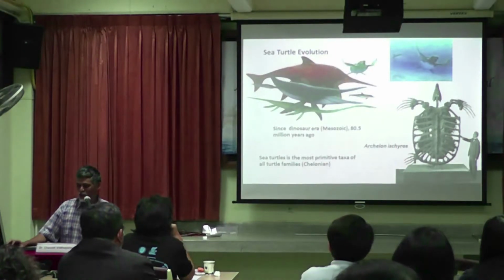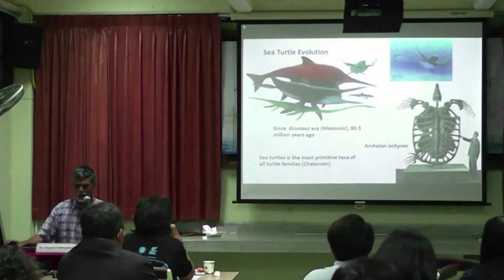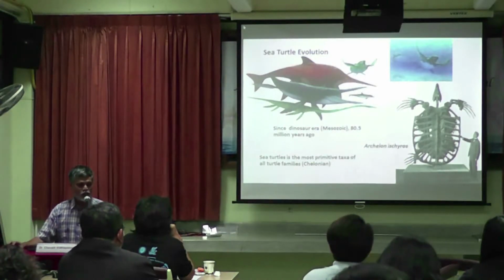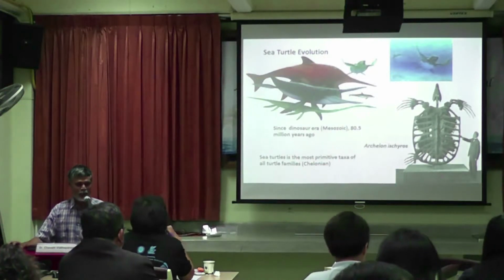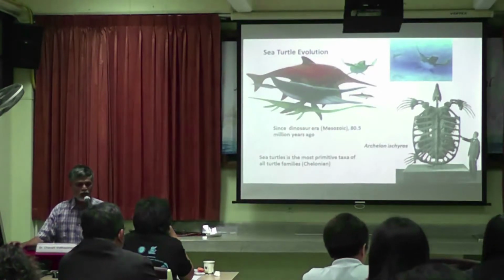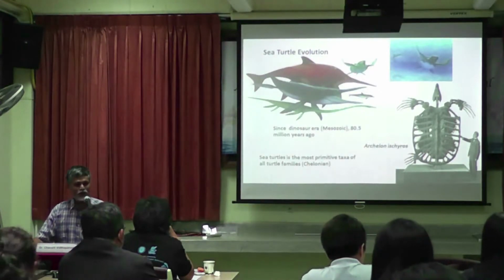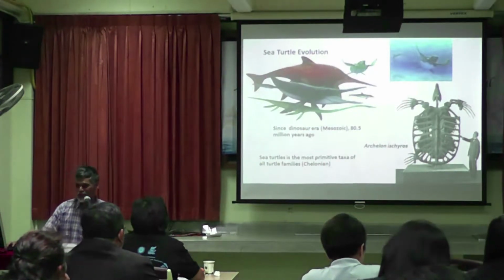So the sea turtle is the most primitive taxon of the whole turtle family in the world. The most primitive is the sea turtle, then freshwater turtles, and the most advanced is the tortoise, the real terrestrial turtle, like the Galapagos turtle, the giant turtle of the island, something like that.